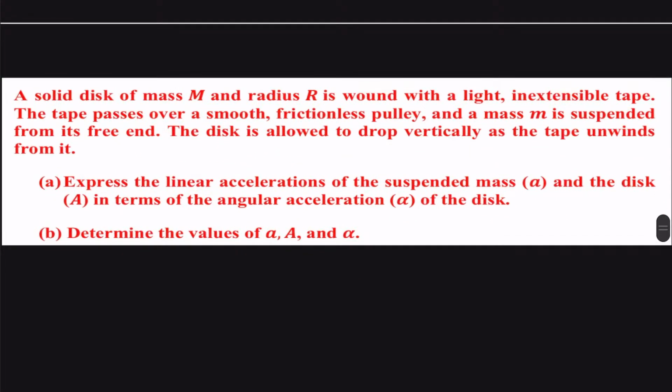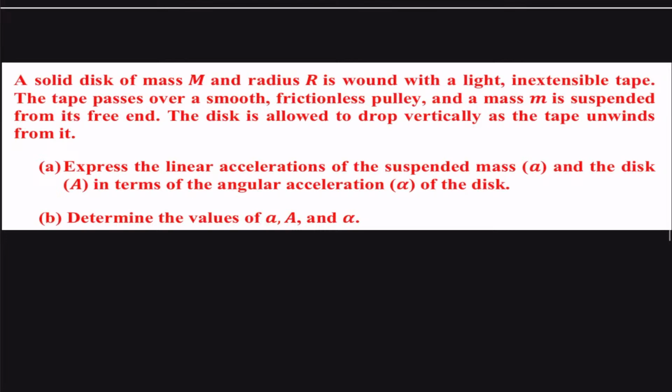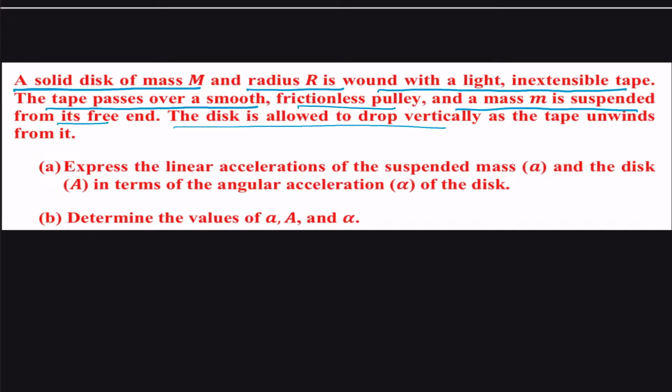Okay. So in this question it states that a solid disk of mass m and radius r is wound with a light inextensible tape. The tape passes over a smooth frictionless pulley and a mass m is suspended from its free end. The disc is allowed to drop vertically as the tape unwinds from it.